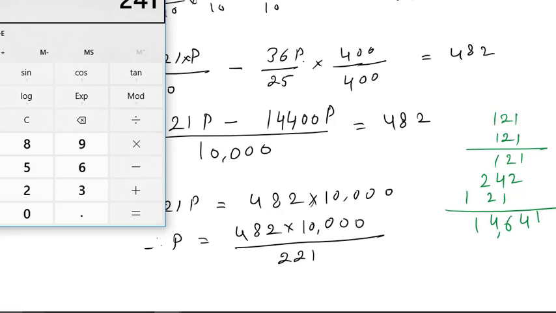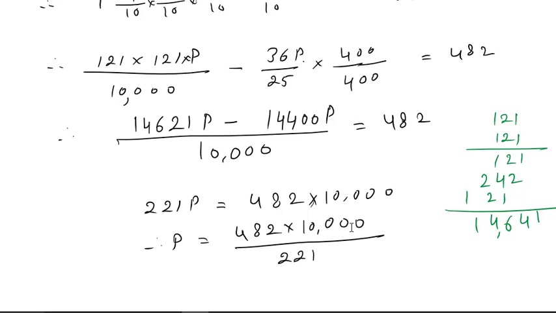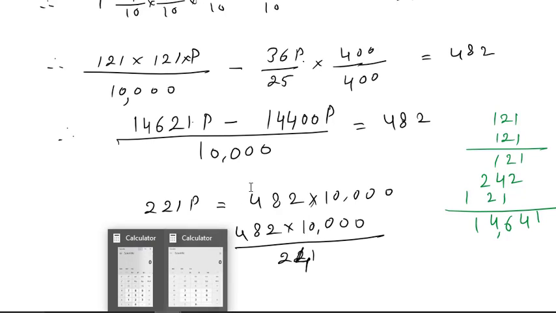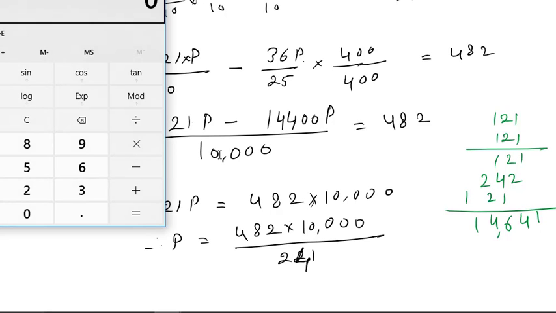So it is 241. I have done something wrong. What mistake am I making? 121 into 121, what have we got? 14,641.